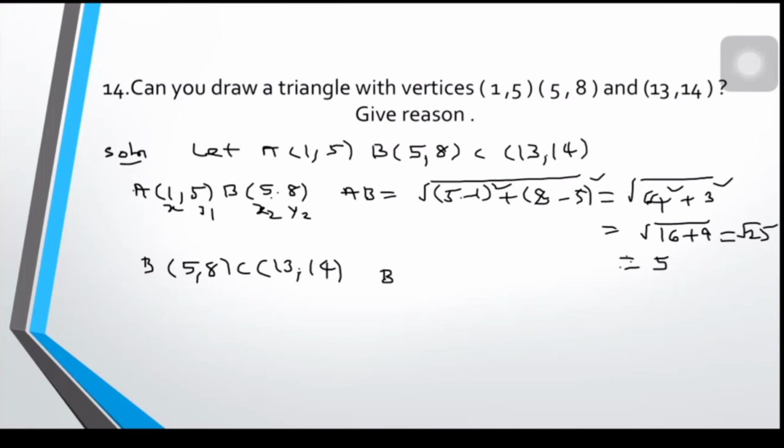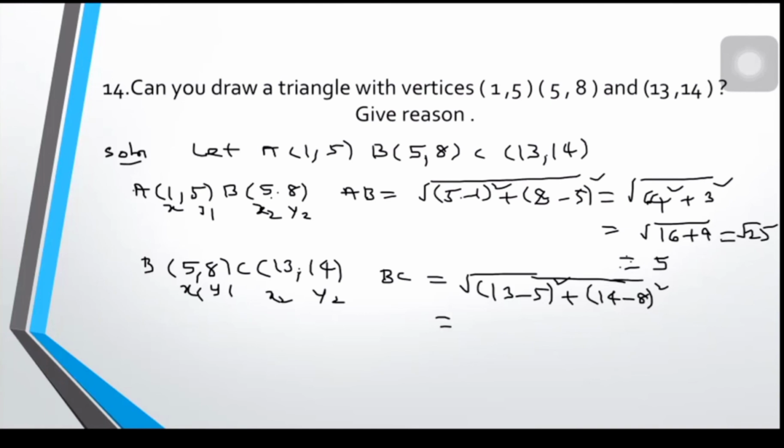Now BC distance is root of (x2 minus x1) whole square, which is (13 minus 5) whole square, plus (y2 minus y1), which is (14 minus 8) whole square. 8 square is 64 plus 6 square is 36. Root 100 is equal to 10.